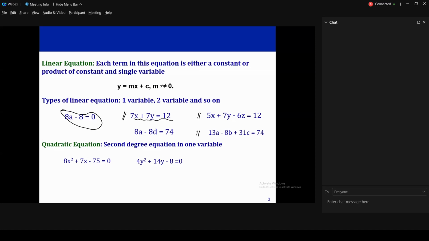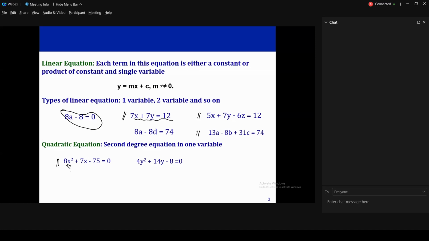Then come quadratic equations. Quadratic equations, as the name suggests, are second degree equations in one variable. So look at this. This equation is in the form of x variable, and the maximum power of x is 2. That's the second degree. So that's why we call it a quadratic equation.